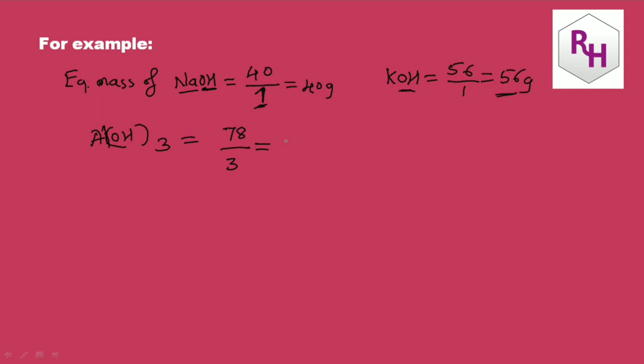So you will get around 26. Similarly, barium hydroxide weight is 171 divided by how many? 2. That is equal to 85.5. Like this you have to calculate the equivalent mass of the base.